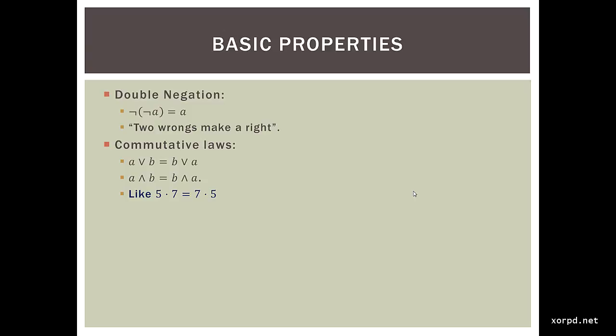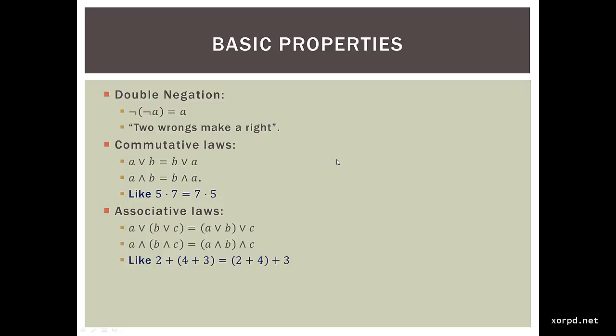And maybe if you need something to relate to, it is mostly like 5 times 7 equals 7 times 5. This law is about the same as this law. They are correct because of different reasons, but maybe if it helps you to remember, you can always think about it like this.